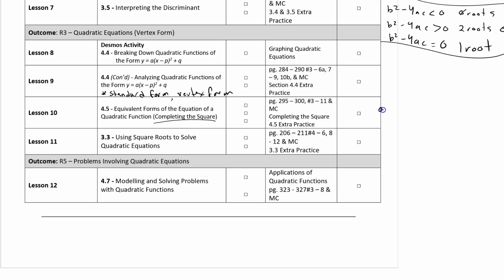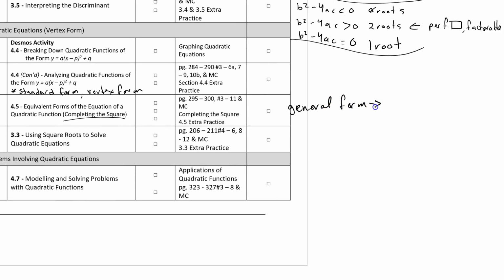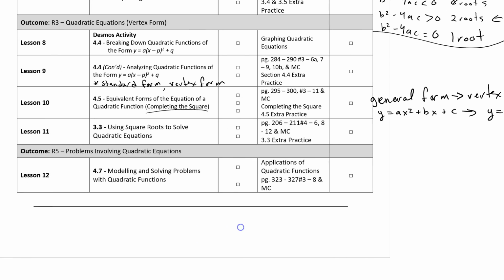So essentially we're going from general form to vertex form: from a quadratic that looks like y equals ax squared plus bx plus c, and transforming it into something that looks like y equals a(x minus p) squared plus q. 3.3 uses the techniques in completing the square to solve quadratic functions.